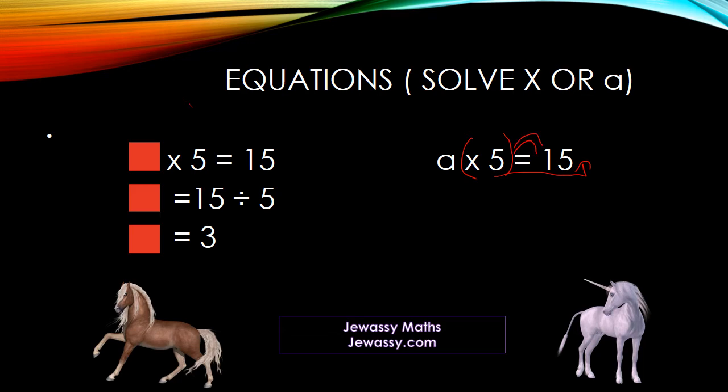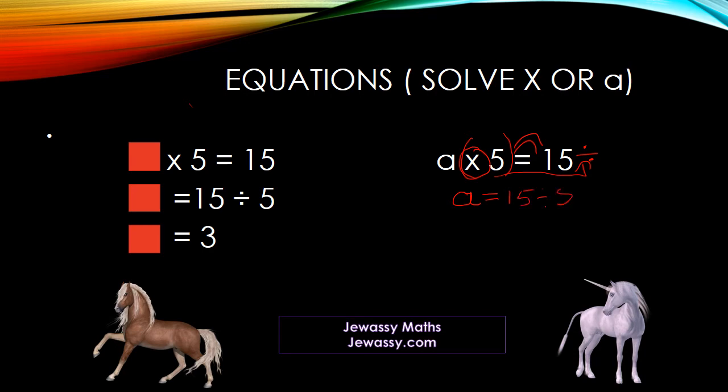It means that this multiplication sign is going to change form and become a division sign, like the horse turning into a unicorn. So we're going to have a, because we want a on its own. We want the unknown variable on its own, and that will be equal to 15 divided by 5.